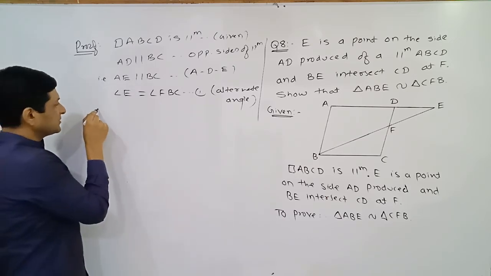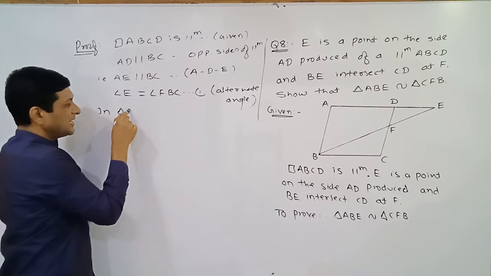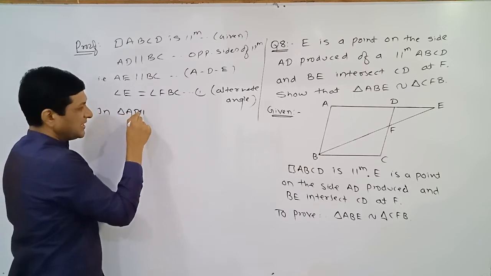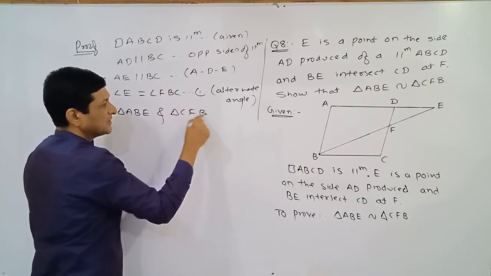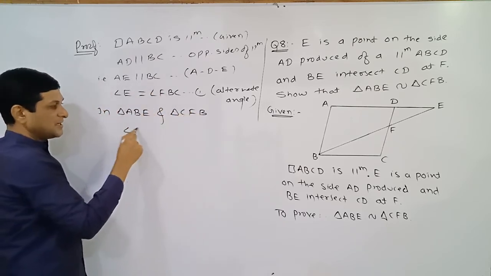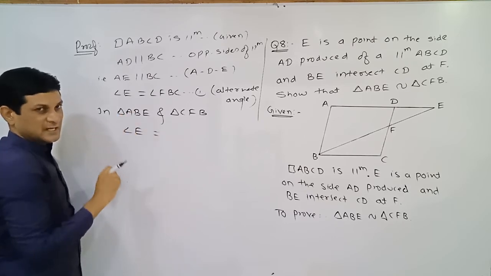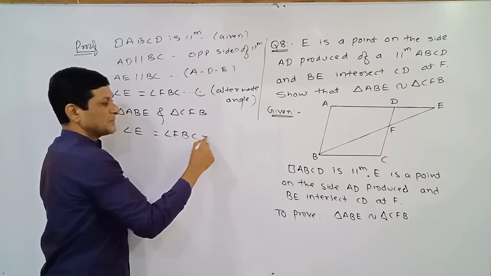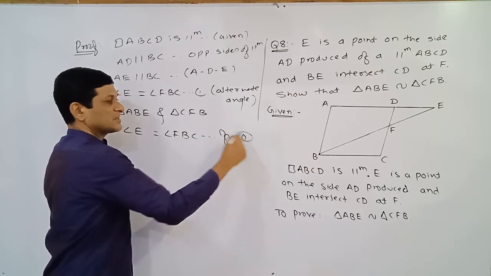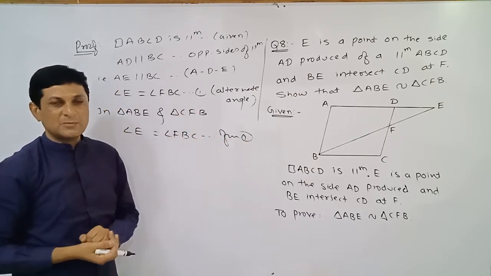Now we are considering triangle ABE and triangle CFB. Already we have shown that angle E of the first triangle is equal to angle FBC of the second triangle, so let us give the reason from equation number first.